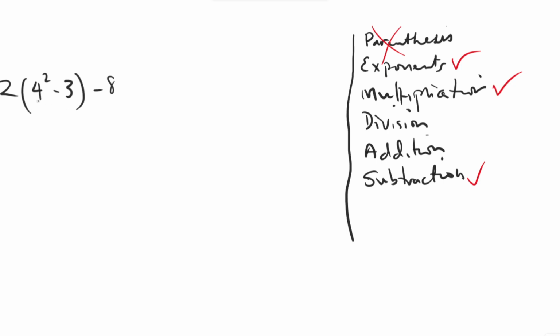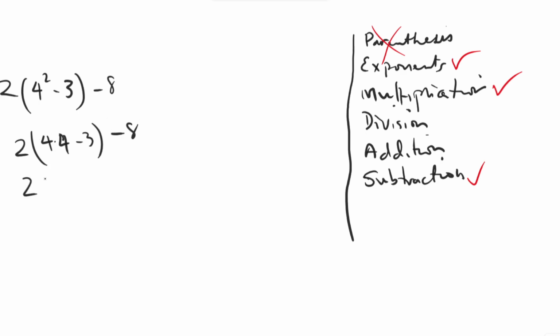In this case, we do have parentheses. This is not the same as the first one. We do have parentheses here, but before we do the parentheses, we need to take care of this exponent first. So we get 2 factor 4 squared. This is 4 taken 2 times as factor, minus 3, okay, minus 8.